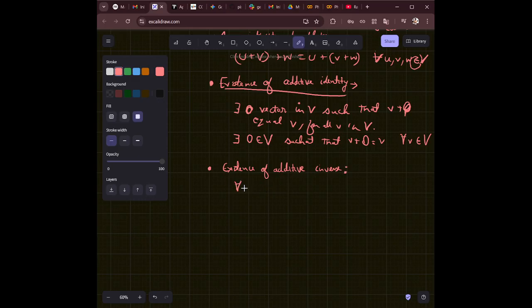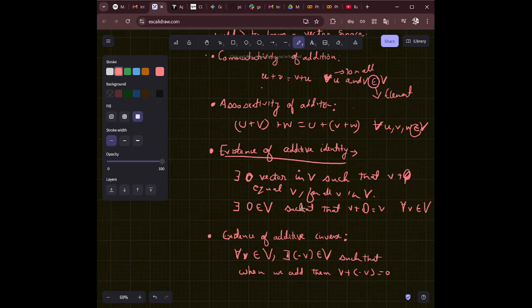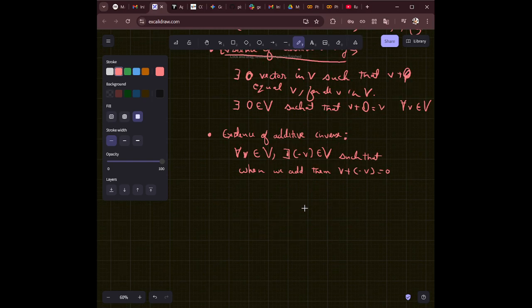So for every element v present in set V, there exists a negative v element inside the set V such that when we add them, v plus negative v equals 0. Okay, so these were the four axioms related to addition.